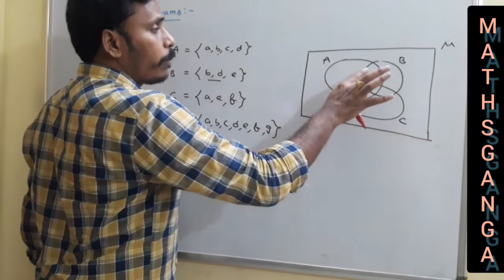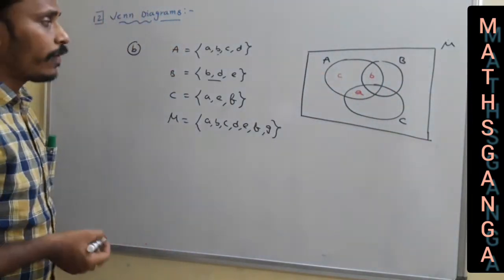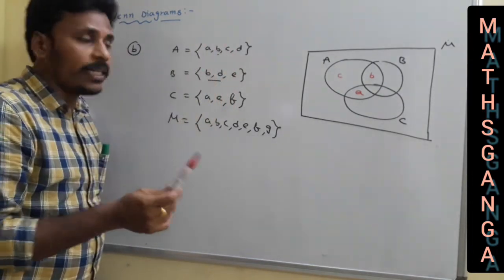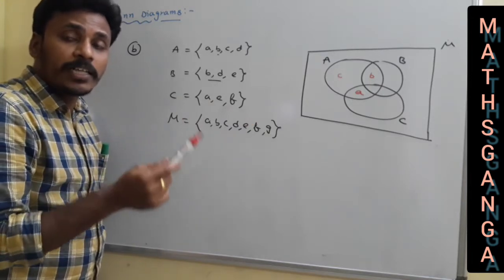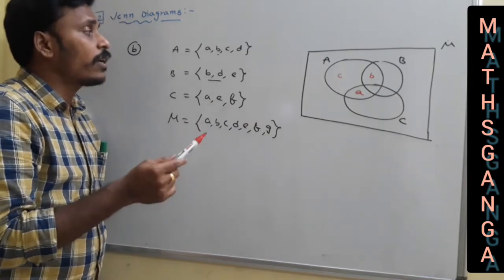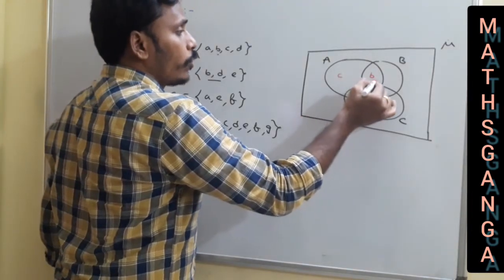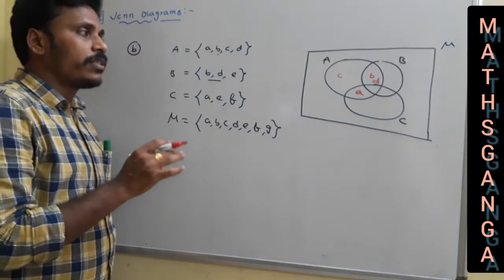This is that region, so you just write element C here. Then coming to element D: D is in A, D is in B, D is not in C. So you need to mention D in the region common to both A and B. This is A, this is B, so write D in the common region of A and B. Okay, A, B, C, D are over.